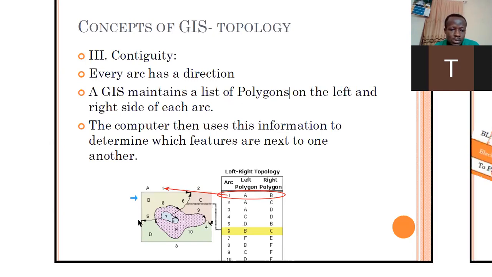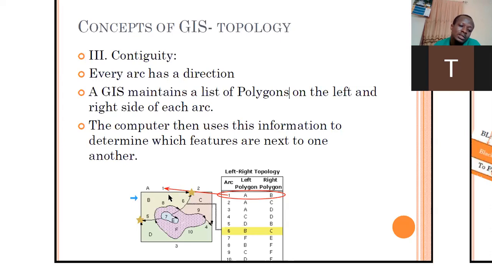So arc 1 starts from here and then ends here. I hope you understand this. Do you understand what I've just done? You said arc 1 starts from this side to this side. You see where the star is? The star is the node, the beginning and then the end of arc number one. You understand that? Yes, sir.